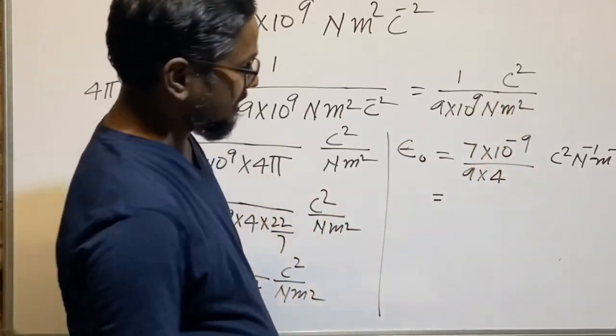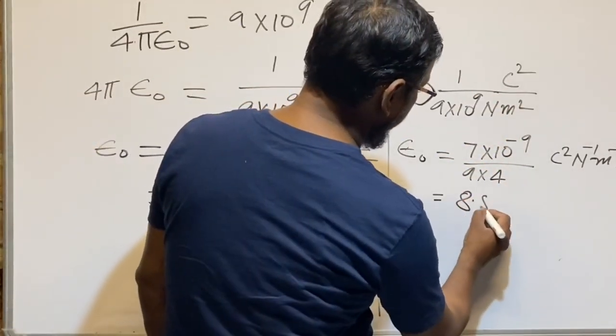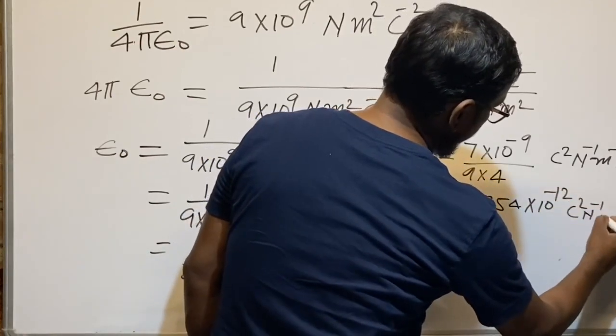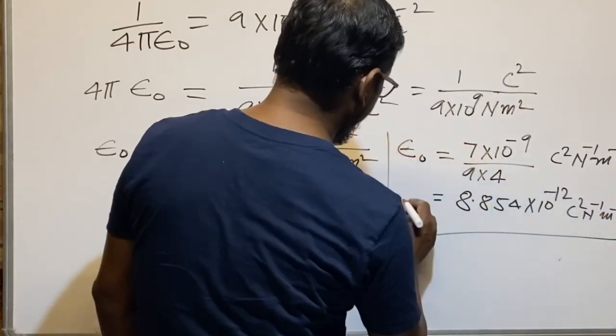This value we get approximately 8.85 into 10 to the power minus 12 Coulomb square per Newton per meter square. So this is the value of epsilon naught.